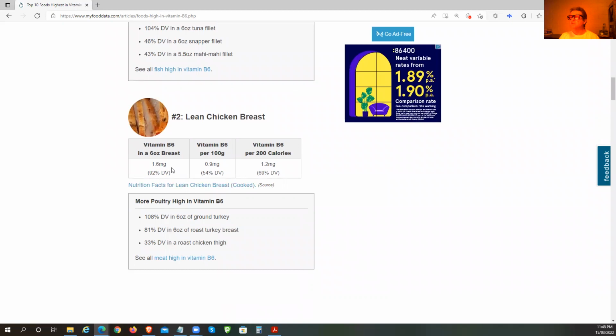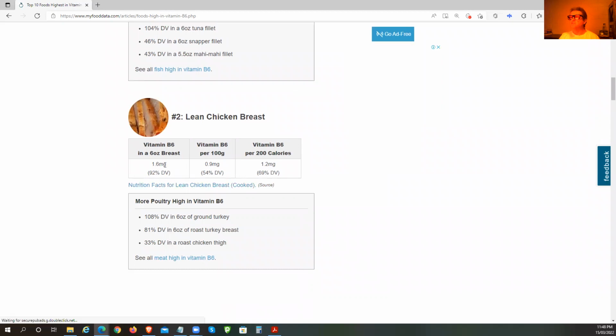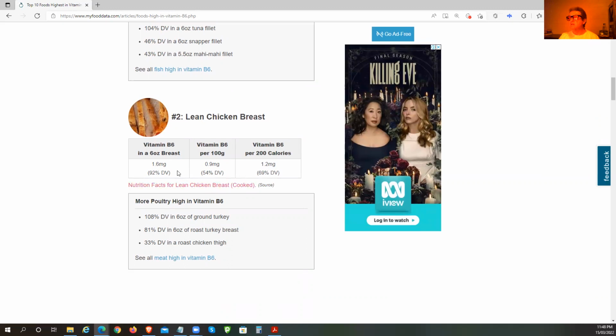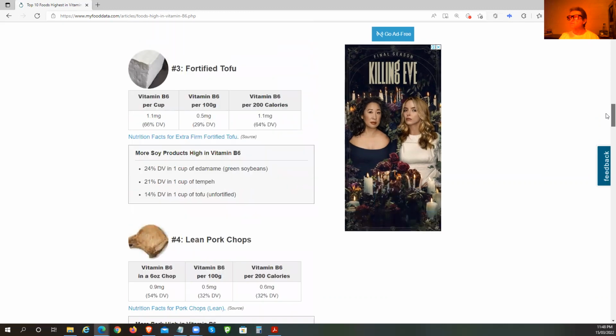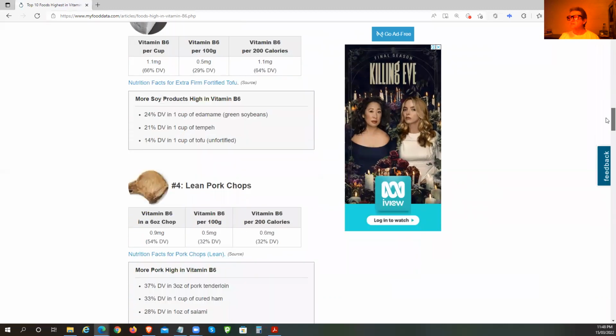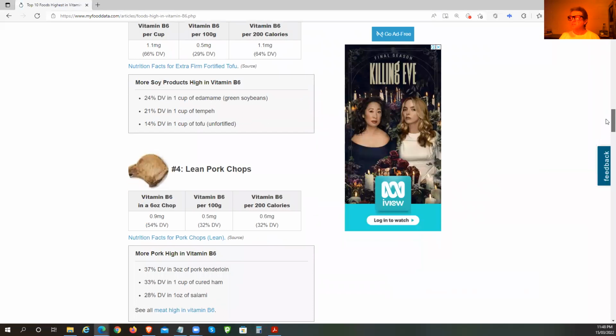When it comes to chicken, it's about the same, just slightly less. We can ignore fortified tofu. These products are basically processed.